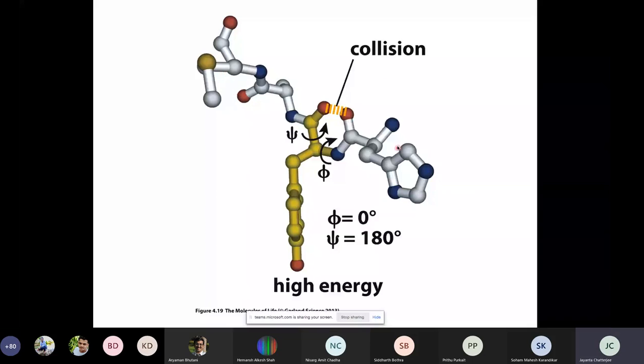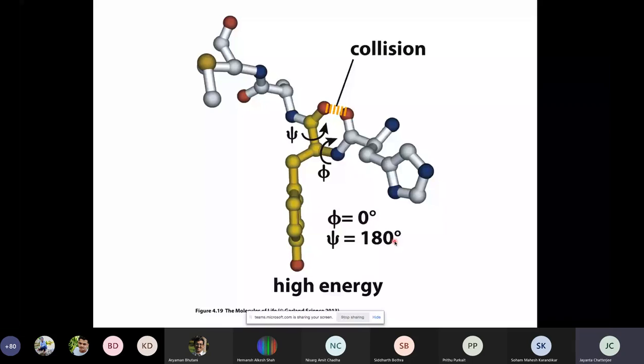You have a histidine, followed by a tyrosine, followed by an alanine, followed by a serine, and so on. But what we are particularly focused on is the torsion between two amide bonds, between the histidine and the tyrosine, and the tyrosine and the alanine.